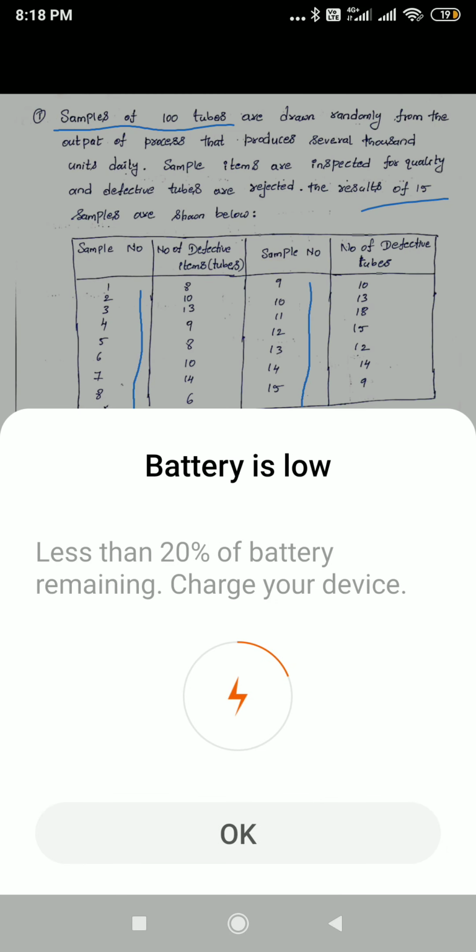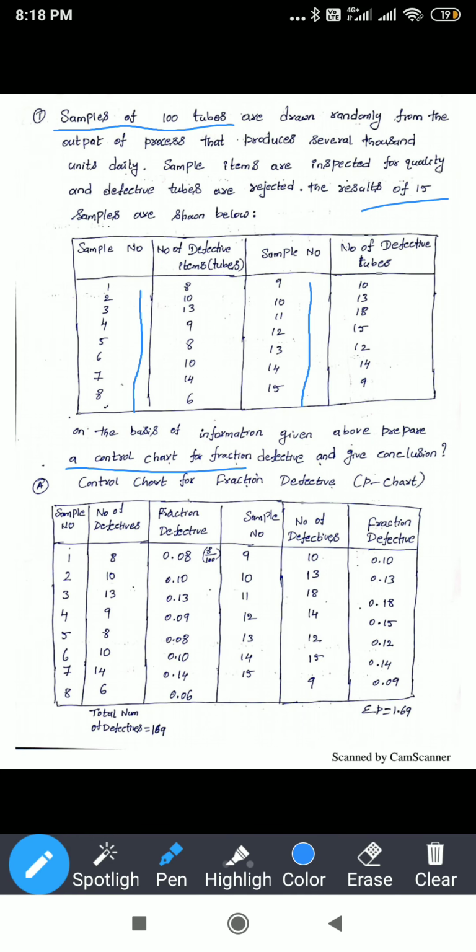Clearly, fraction defective is given in the question, so we are using the P chart here. In total they have given 15 samples, and in each sample they took 100 tubes.